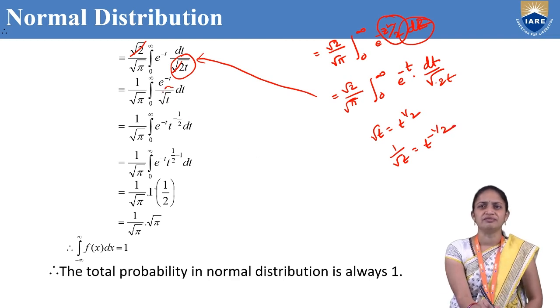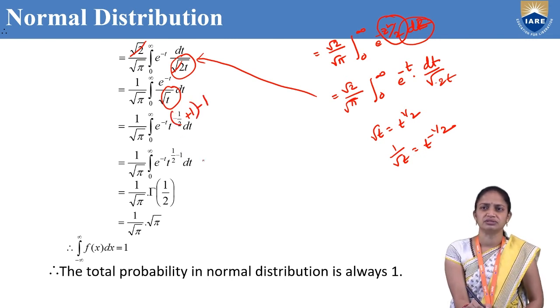So e power minus t into t power minus 1 by 2 into dt. Here I am taking plus 1 minus 1 because we have the gamma function formula.